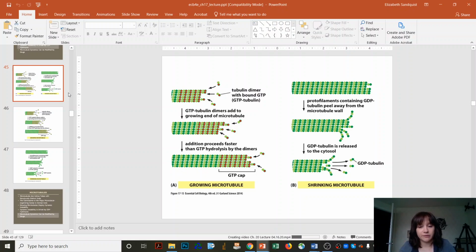Now, if this slows, if, for example, the cell runs out of GTP-bound tubulin dimers, eventually all of those molecules in that cap are going to be converted to proteins that have GDP. And so GDP tubulins don't associate as well, right?